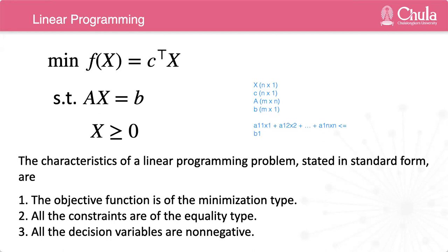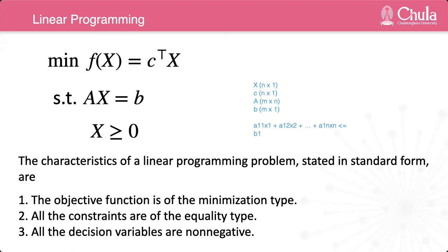We will have an example later. Because you have two sides to compare, left hand side and right hand side, and it's less than or equal, then the left hand side is less than the right hand side, right? You add it with a positive number, it will be equal.